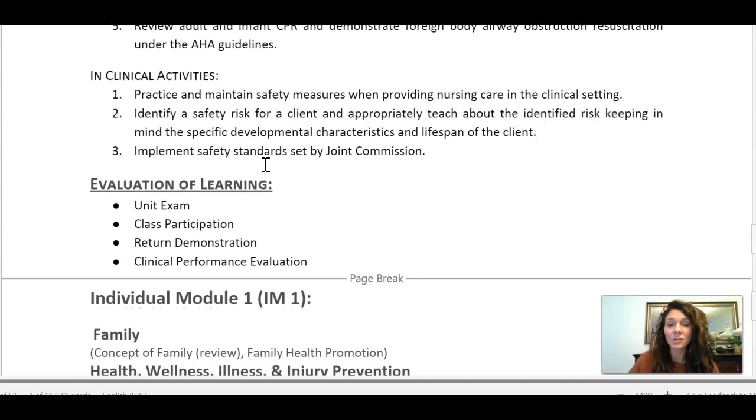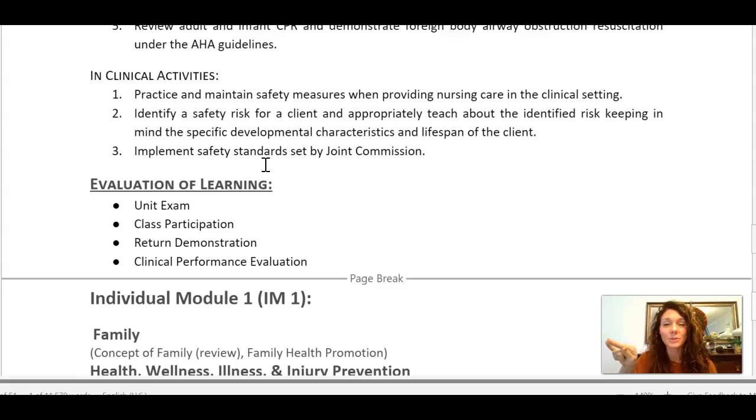The third section under learning activities are in-clinical activities. These are things that you should be looking for or attempting to find information to throughout your clinical day whenever we are going over this information. This will help you pull the concepts of what we are talking about in class into the clinical setting, and help you bridge that gap between class and clinical.